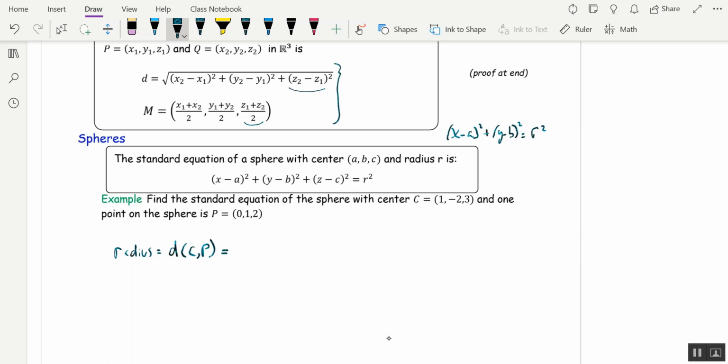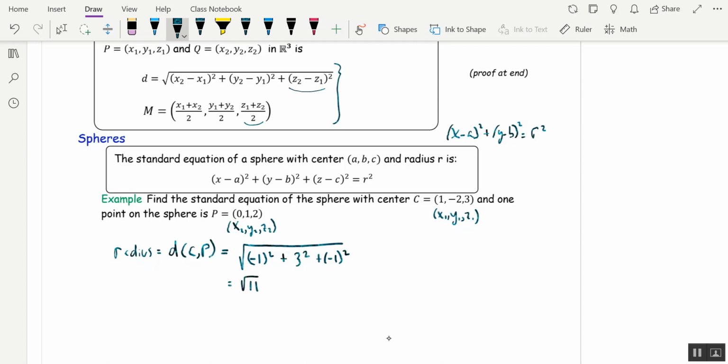And so in the distance formula, I'm going to let this be x1, y1, z1, and P will be my x2, y2, z2. And so the distance between C and P is going to be the square root of 0 minus 1 squared, so that's negative 1 squared, plus positive 3 squared, and then plus negative 1 squared, and that's the square root of 11.